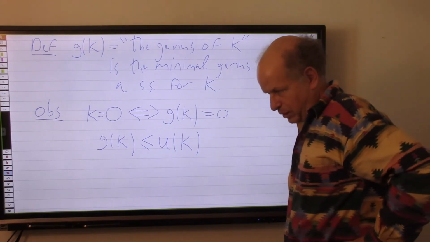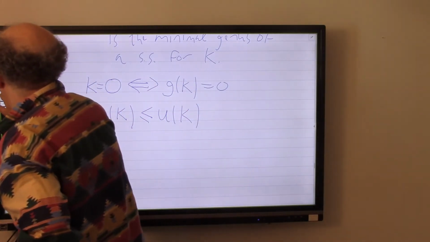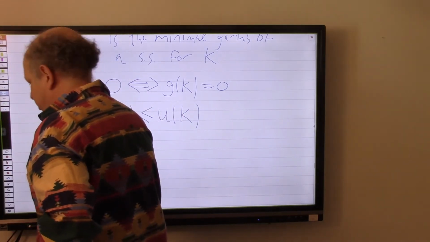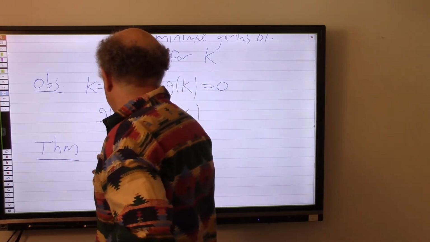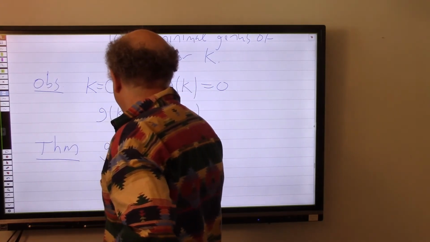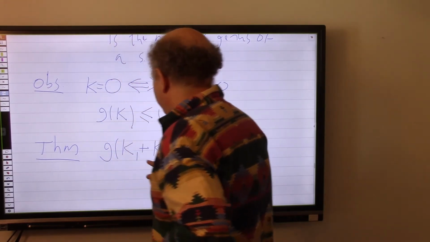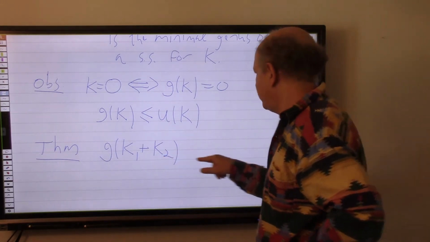Okay? Good. And now comes the big theorem, which I doubt we will have time to prove. So the genus of the connected sum of two knots. I'm not sure what notation I used for the connected sum before, but let me remind you what it is.